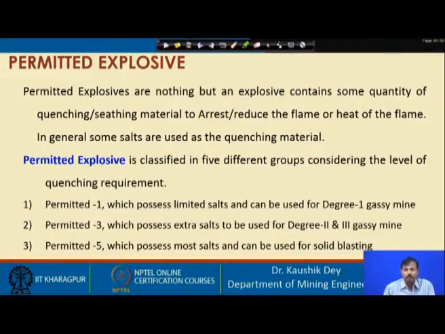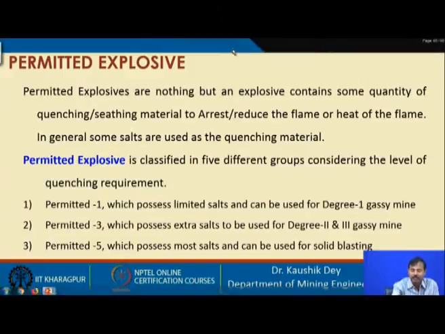So, we need less quenching material, and that is why the permitted 1 explosive is there where limited salts are used, so that quenching or seething of the flame can be available in that case.